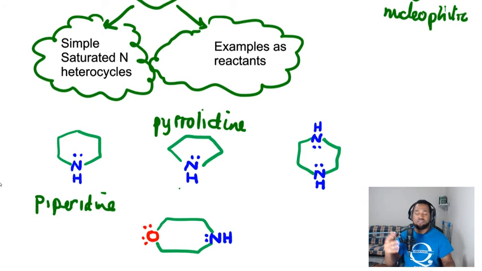And the next one we're going to be looking at is really different from the pyridine. Pyridine has a 5-membered ring, but in this case it's a 6-membered ring, which is similar to the piperidine. However, one of the carbons is removed and in its place is nitrogen. So in this case we have two nitrogens within this compound, and this is known as piperazine.